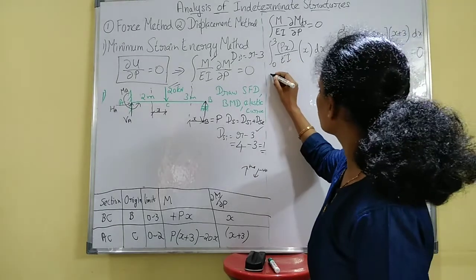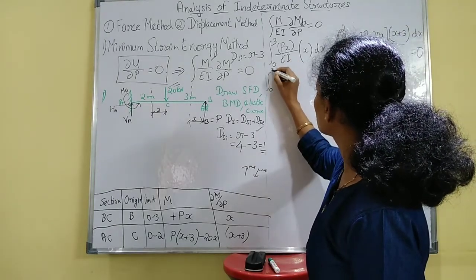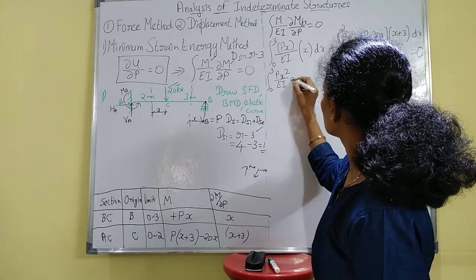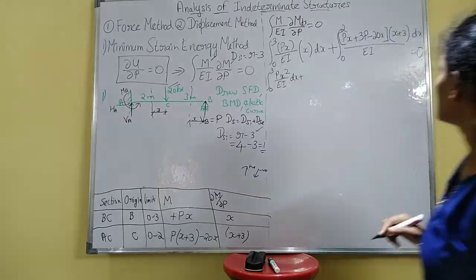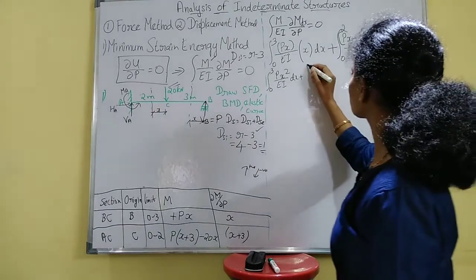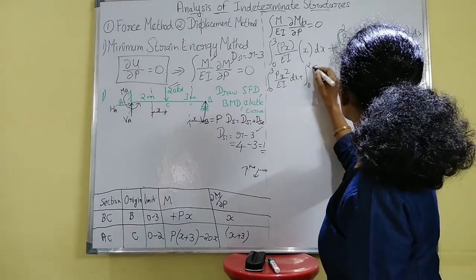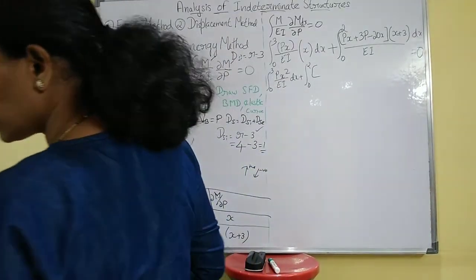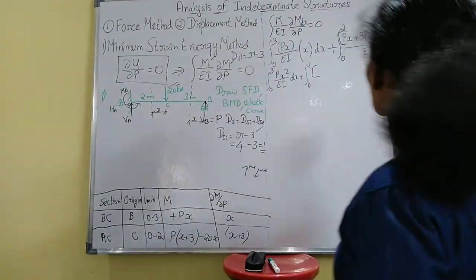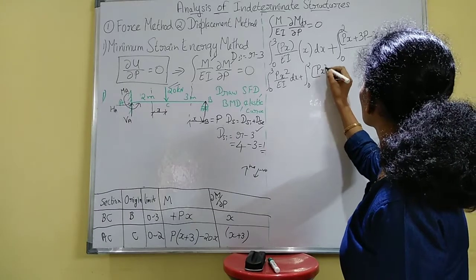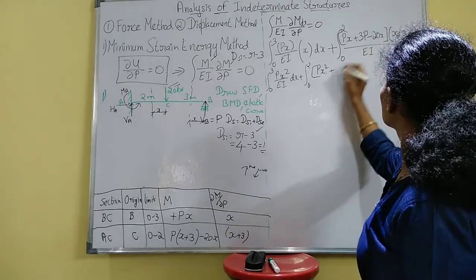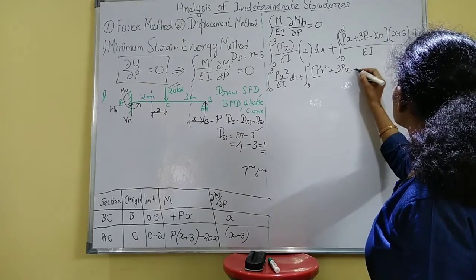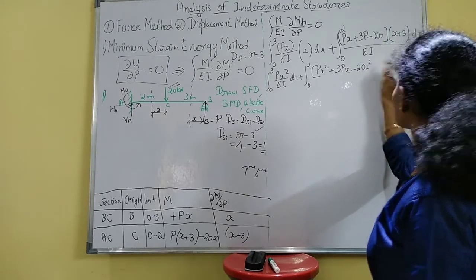So simplify, you have here P into X square by EI dx plus, simplify this, just multiply and get the simplification, that is P into X square plus 3P into X minus 20 into X, X square.